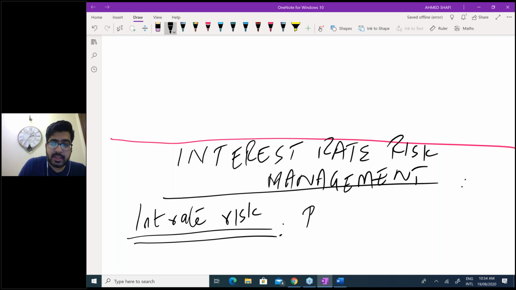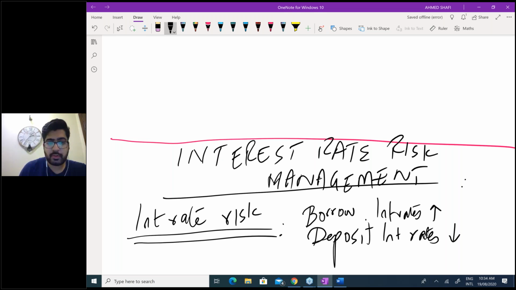Interest rate risk is the risk that when we plan to borrow, the interest rates rise, and when we plan to deposit, interest rates go down.